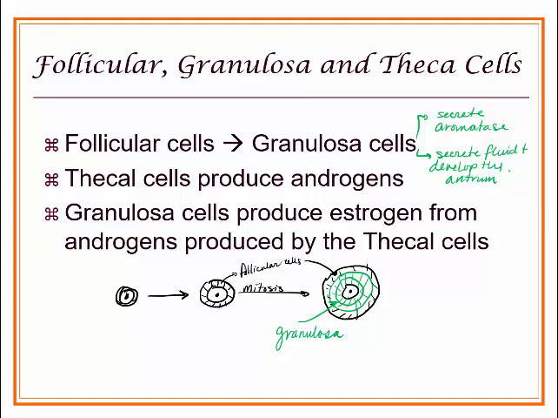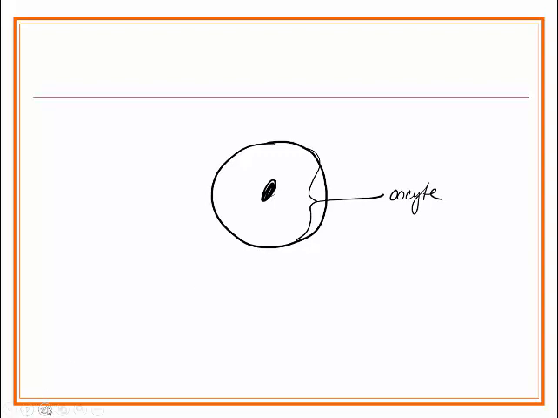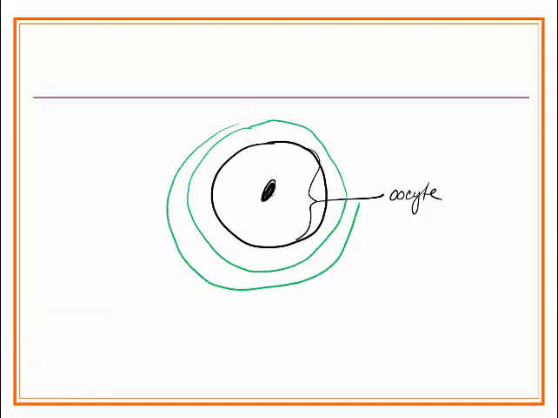Now, surrounding that follicle are going to be additional cells called theca cells. So we're going to draw this out a little bit bigger and show you what the relationship between the theca and the granulosa cells is. So this is going to be our developing oocyte. Okay. And then, of course, surrounding that oocyte, we have layers of granulosa that were produced by the original follicular cells doing mitosis.